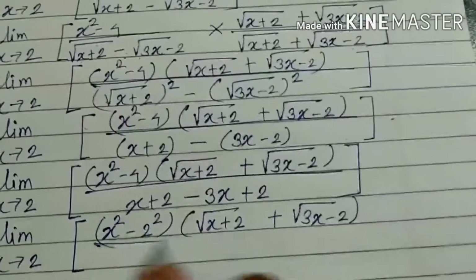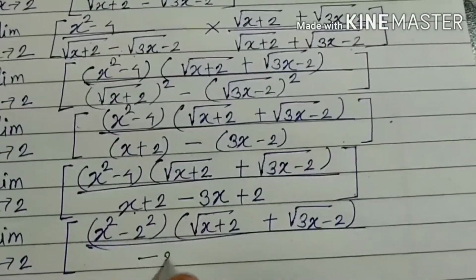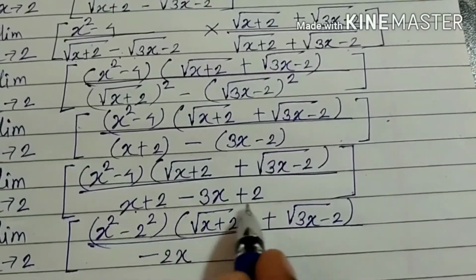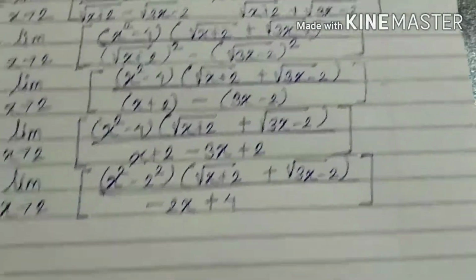And write remaining terms. Here x minus 3x means it is minus 2x, and this is plus 2 plus 4. Okay.